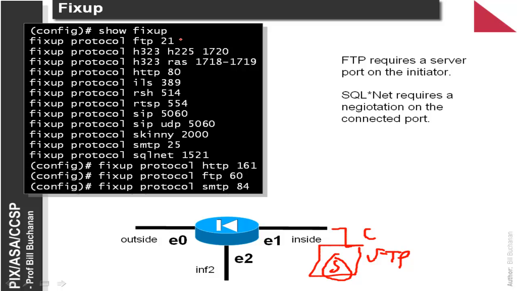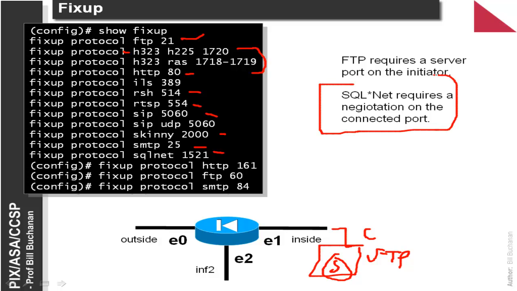So typical Fixup protocols are FTP on port 21, H323, which is our video conferencing specification, HTTP, RSH, RTSP, SIP, Skinny, SMTP, and SQL.